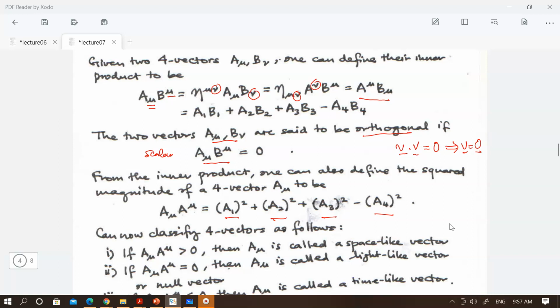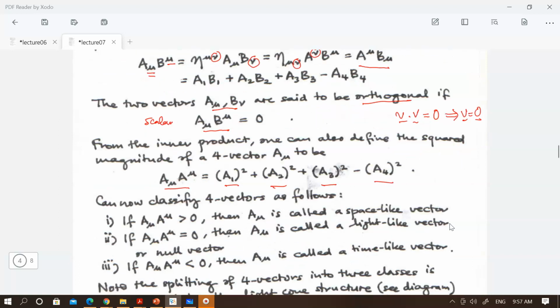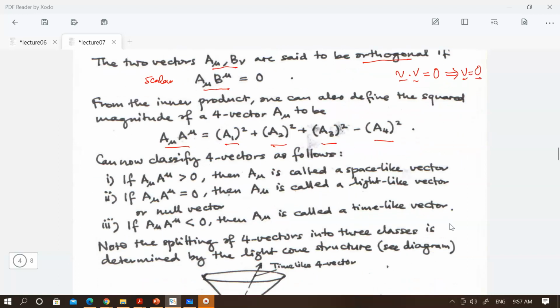But in this particular case, it's not necessarily a 0 vector. Okay, so if I have a mu over here that gives you a 0, this is essentially what we call a light-like vector or a null vector.